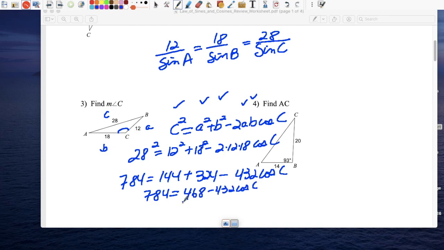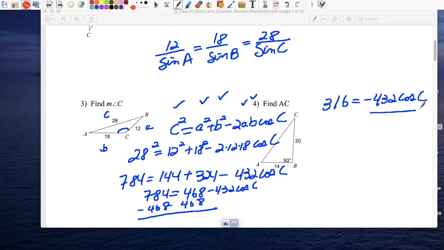We're going to subtract 468 from both sides, right? So 784 minus 468. We're going to be left with 316 equals negative 432 cosine of c. Right? So now we're going to divide both sides by negative 432.